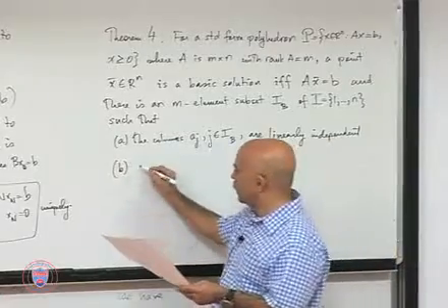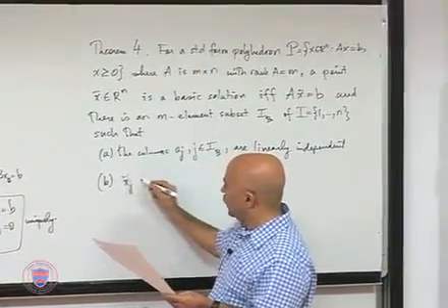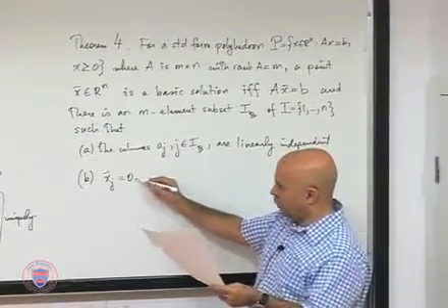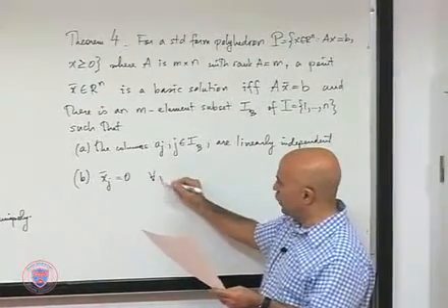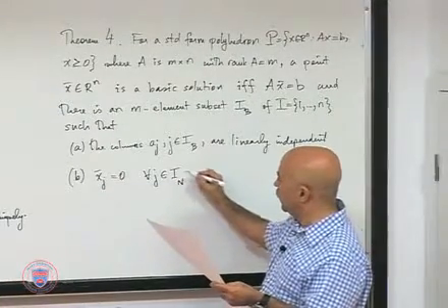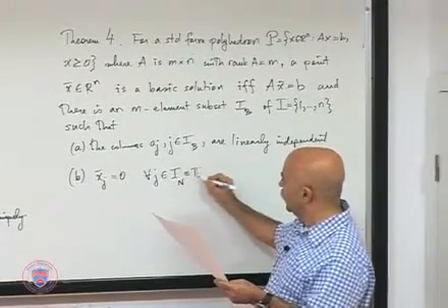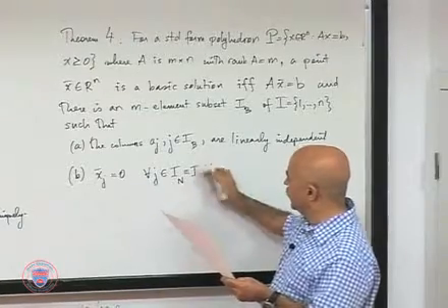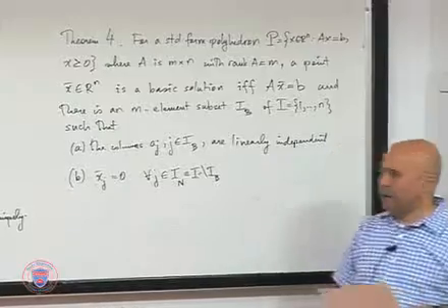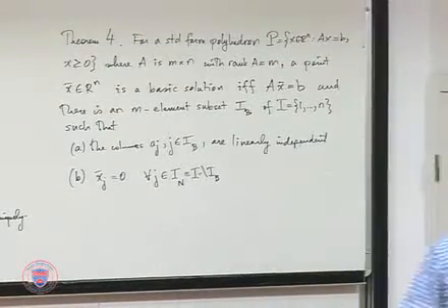And part B: the components of x bar are equal to 0 for those j in I sub N, which is by definition the complement of I sub B in the index set of the variables. Okay?